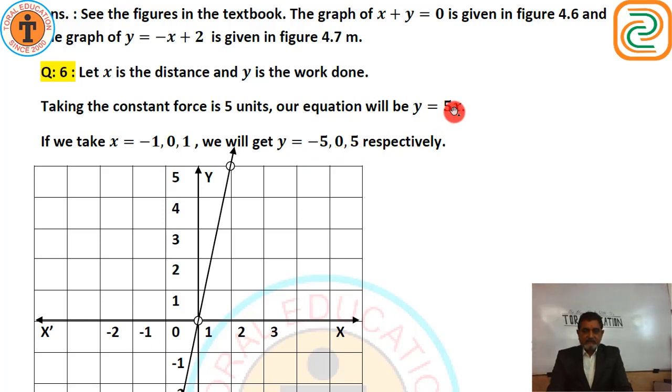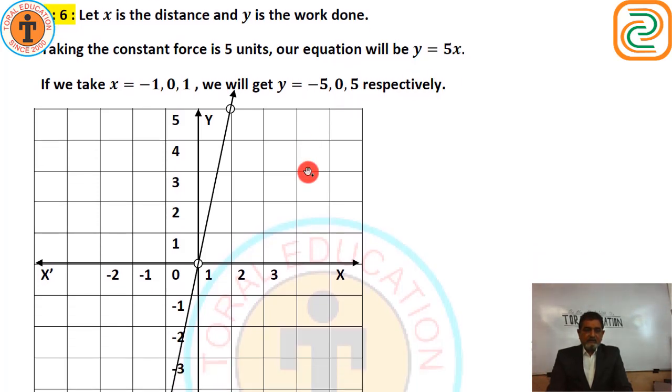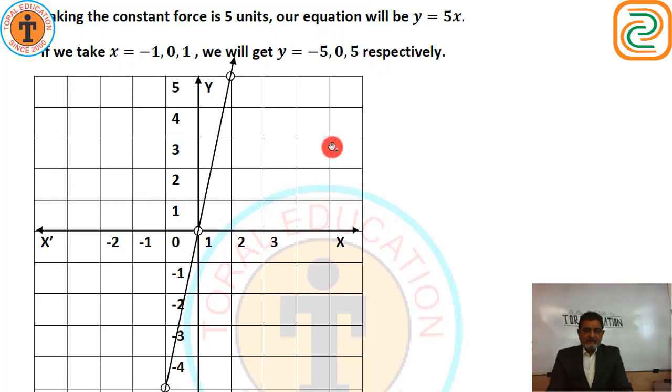Take here minus 1, it will be negative, that is minus 5. Take here 0, then it will be 0. Take here 1, that is 5. We have drawn the graph. The equation has no constant term, so it passes through the origin.